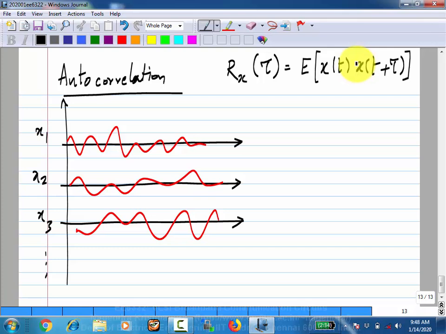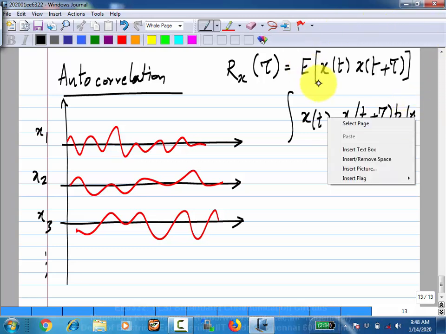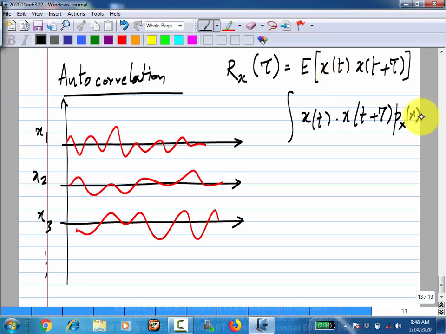So you basically take, in this particular case, you multiply the signal by its shifted version and take its expectation. So now it will in general be a function of both t and tau, and in stationary processes it will be a function of only tau.